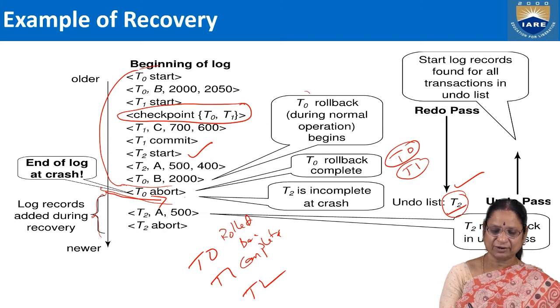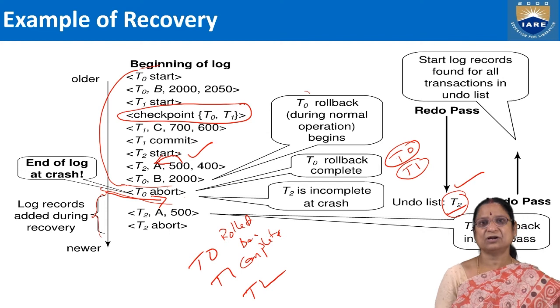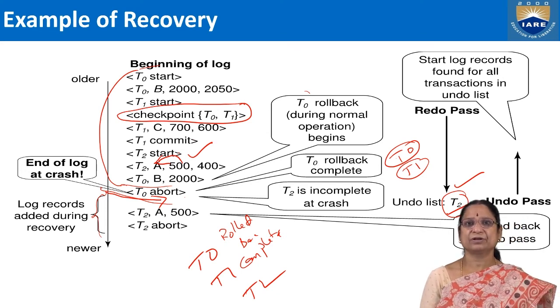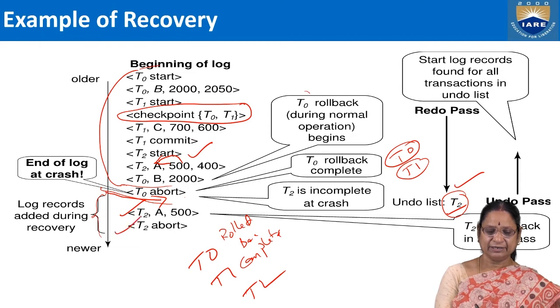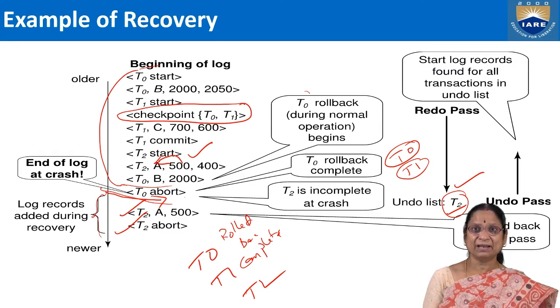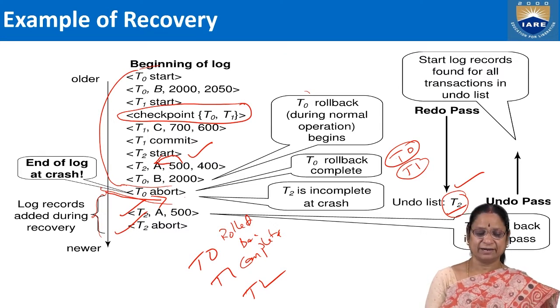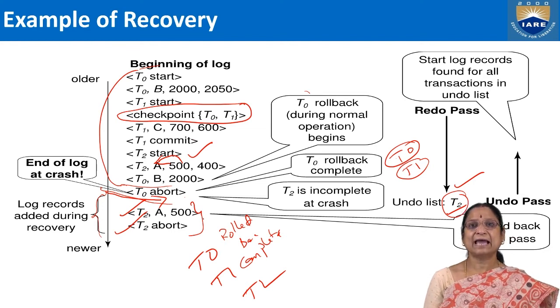What is the old value? 500. So A will hold 500, and then T2 start. After completing this, T2 A 500 is written. After completion of this undo process, T2 is rolled back now. So that's why T2 abort is added. These two are the new log records added during the recovery process actually.